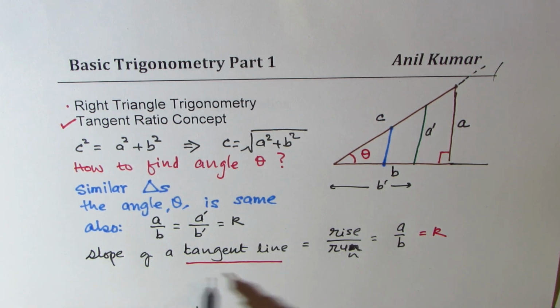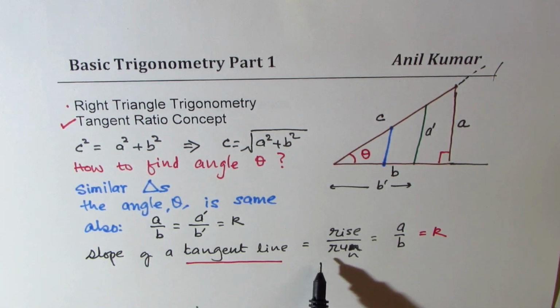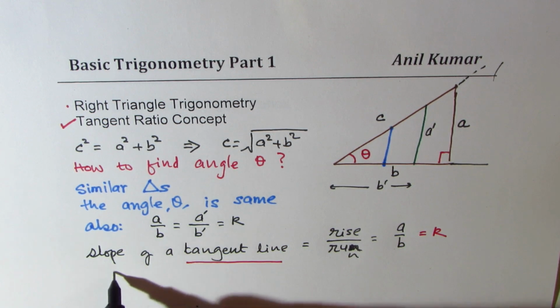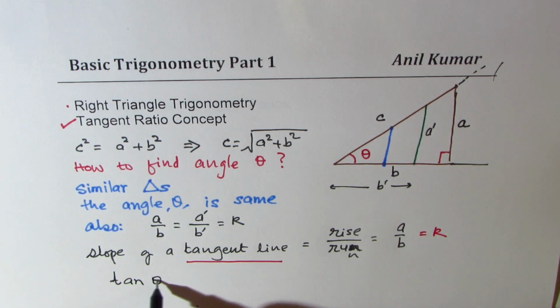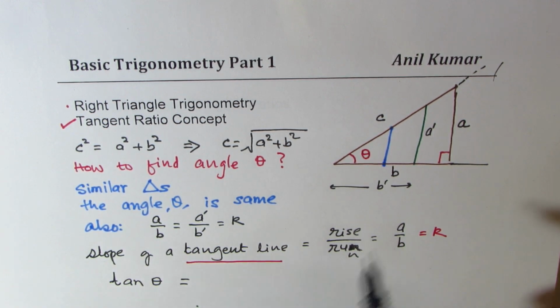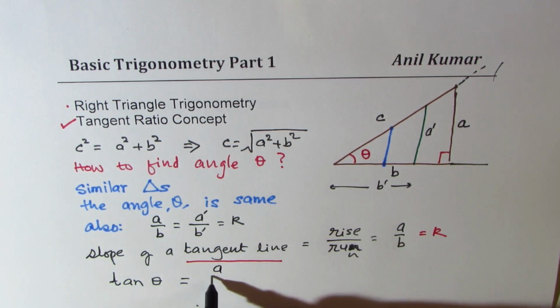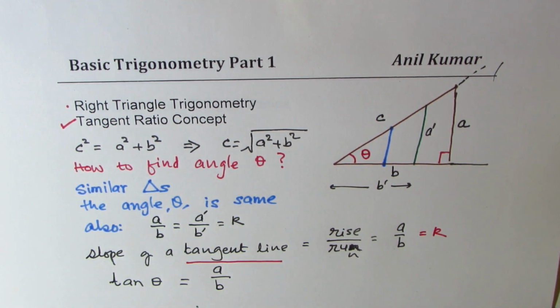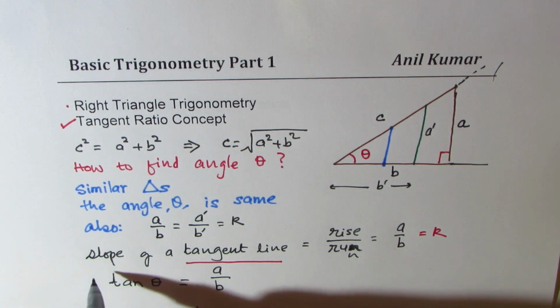So here, this particular slope is now given a term as tan theta, and we say tan theta is equal to A over B. So that is a new term which gives rise to trigonometry.